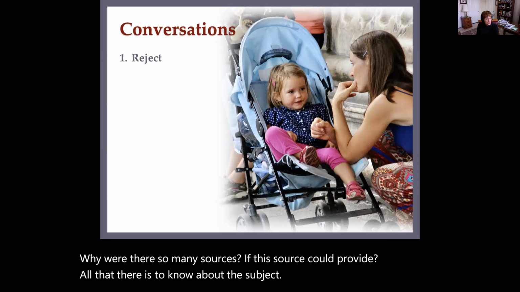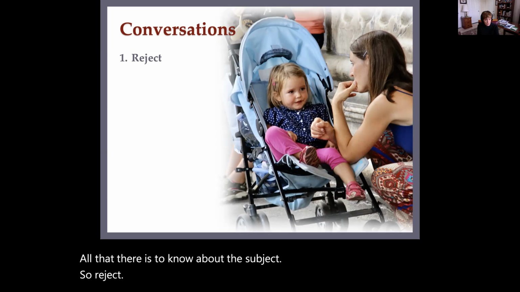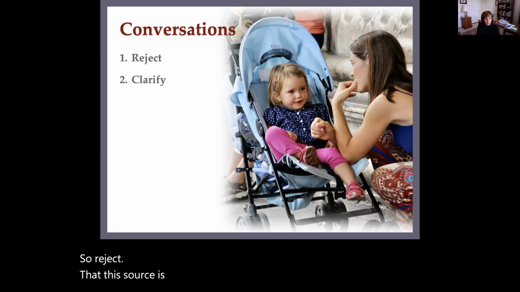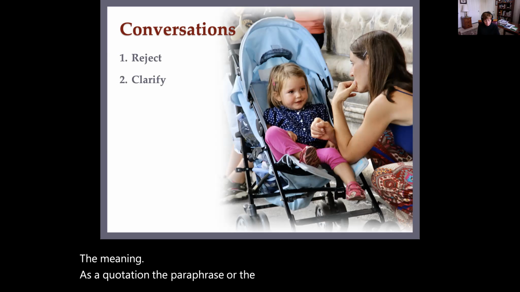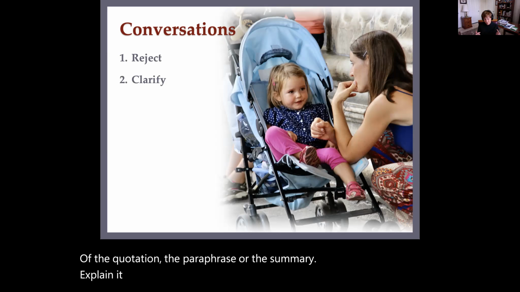So reject that this source is the final word. And then clarify, explain to the reader the meaning of the quotation, the paraphrase or the summary, and explain it to yourself first, and ask questions of it and add your thoughts.